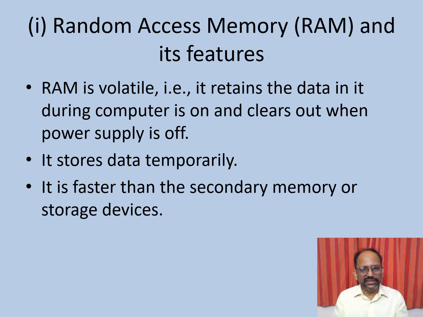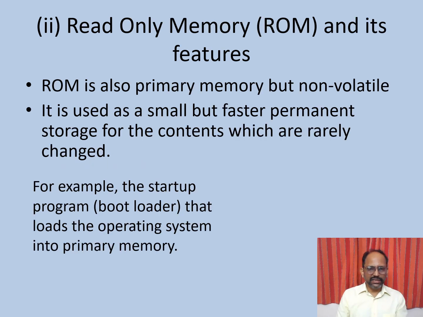It is faster than secondary memory or any other storage devices. There is another type of memory in the main memory, that is read-only memory. In short, it is called ROM. It is a small memory but faster permanent storage for the contents which are rarely changed.